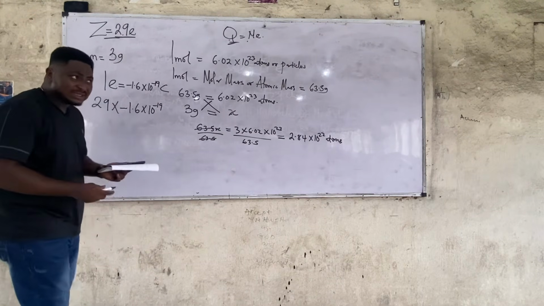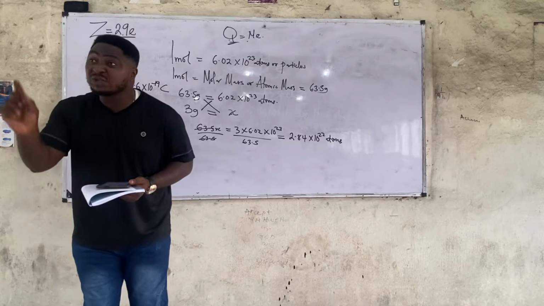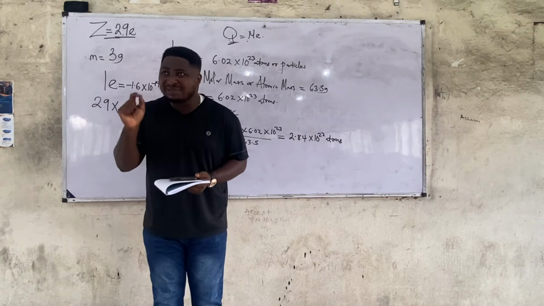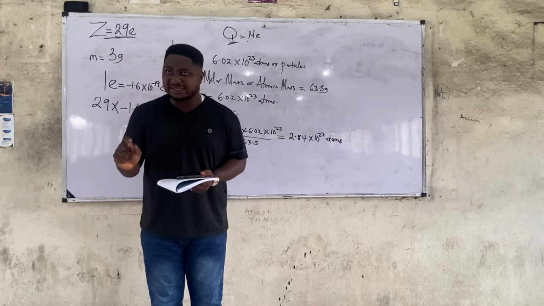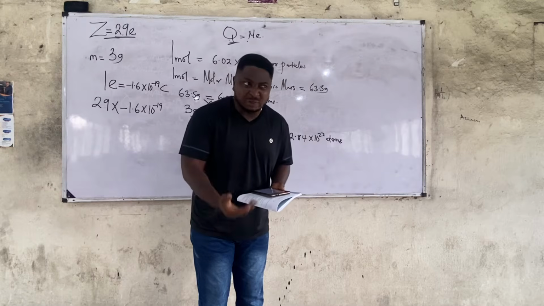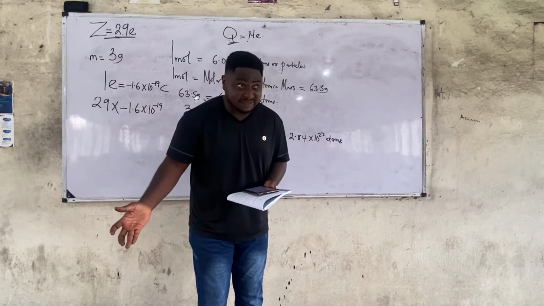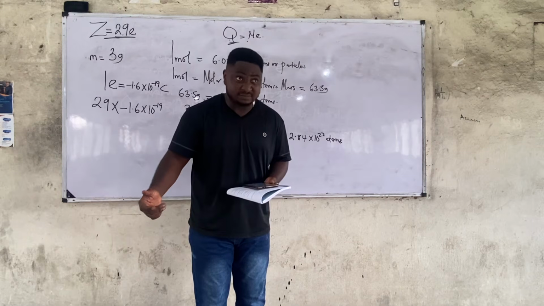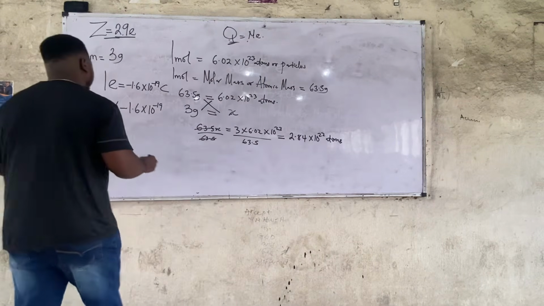Do you agree, class? If the charge on only 1 electron is minus 1.6 times 10 raised to minus 19, what would then be the charge on 29 of them? You multiply 29 by minus 1.6 times 10 raised to minus 19. Do you agree? That will give us what?